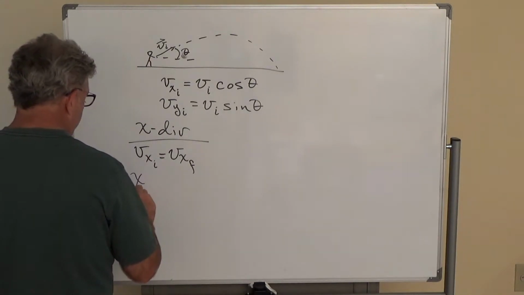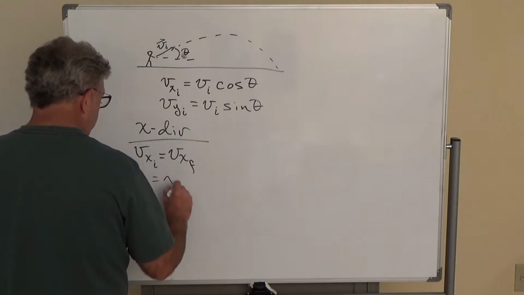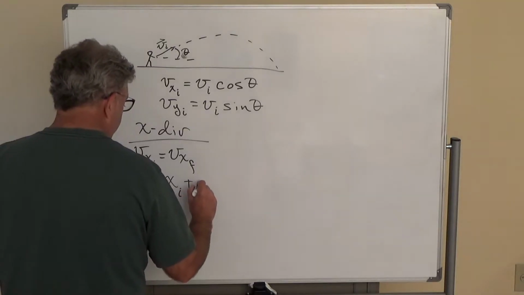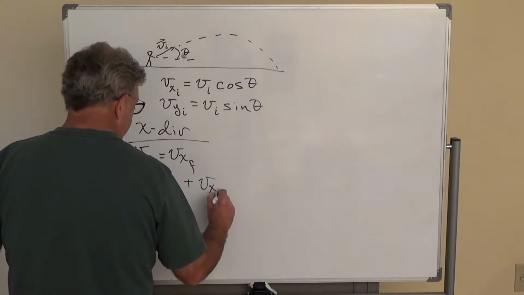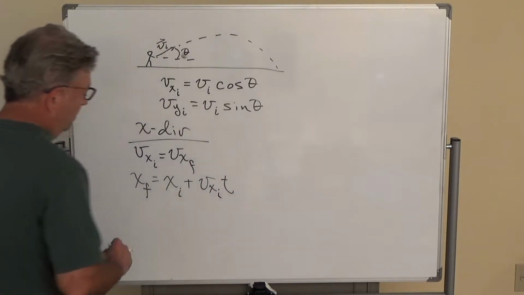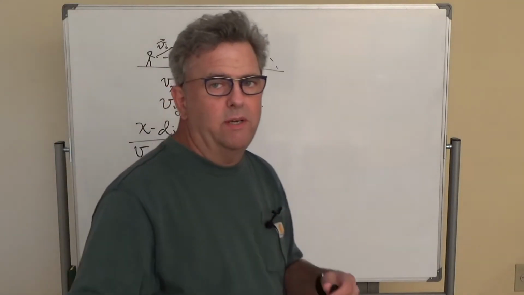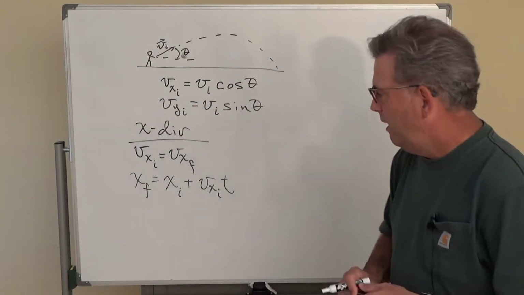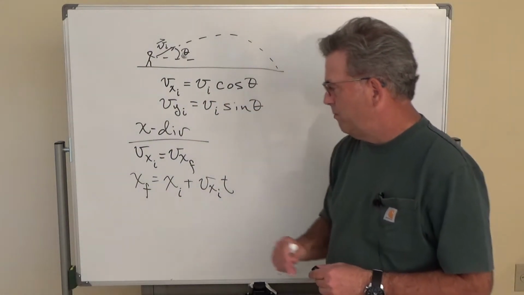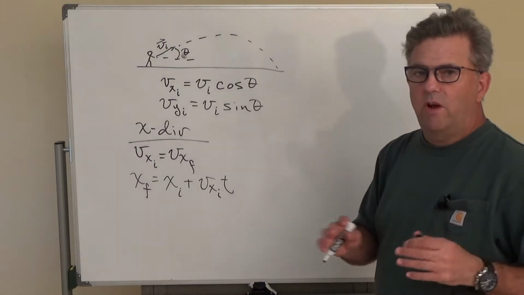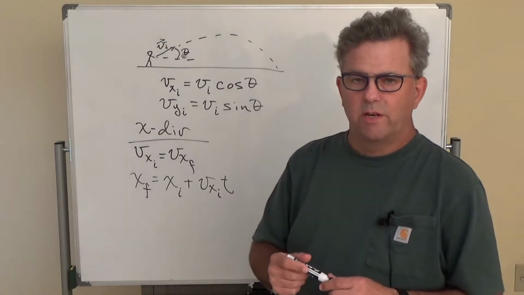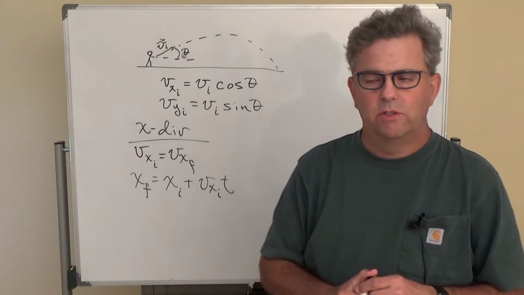Also, you have the equation x final is equal to x initial plus Vx initial t. So t would be the time of flight, the time that the projectile is in motion, and x initial is a starting position. So that's all that's really going on in the x direction. The velocity does not change.